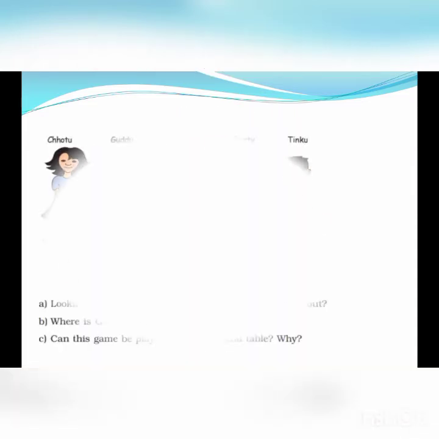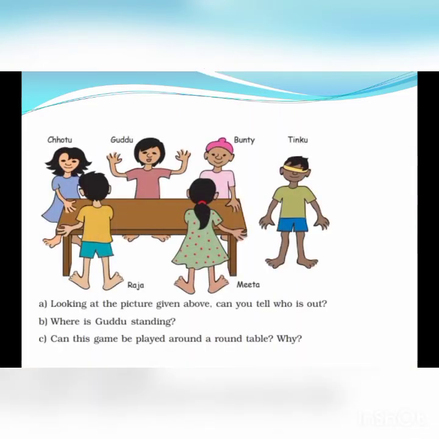Now, here we have some questions. The first question, looking at the picture given above, can you tell who is out? Yes, we know that Guddu is out as he was not at a corner.